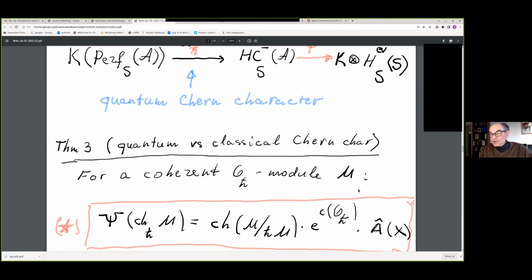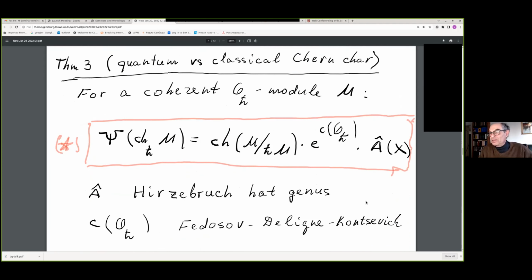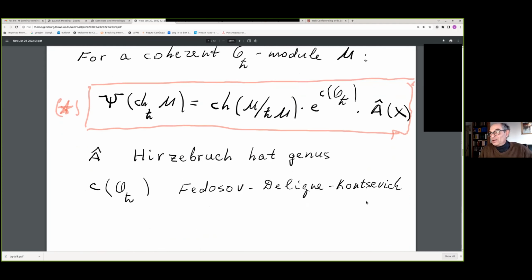Okay, and now this is our next result. This is what Jan expected. The relation between the quantum Chern character and the classical Chern character is given by this formula. There is a Todd class, more precisely, this A hat genus of Hirzebruch, which is almost the Todd class. The formula is slightly different, it doesn't matter.